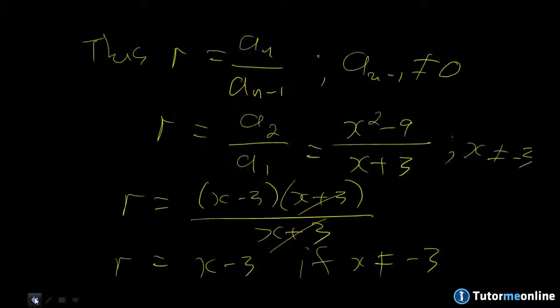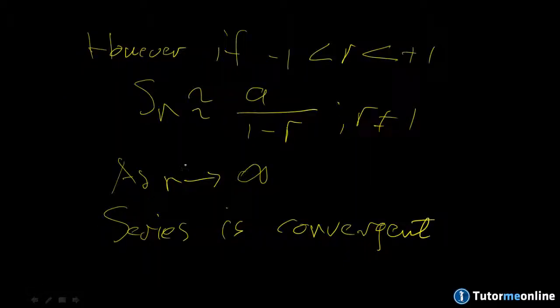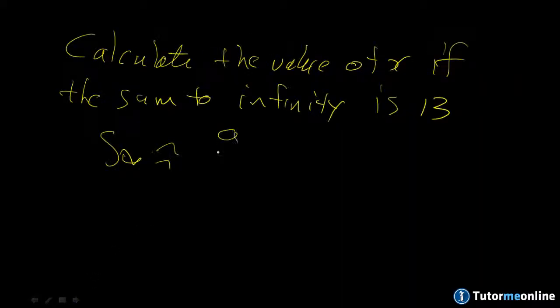Now we derived this approximation. We say that as long as R is larger than minus 1 and smaller than plus 1, we can approximate the sum of the series by this expression here. Let's repeat it here. It is approximately equal to A over 1 minus R, and now we know what A is.